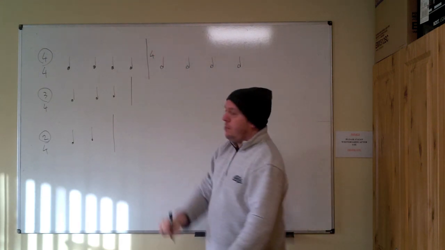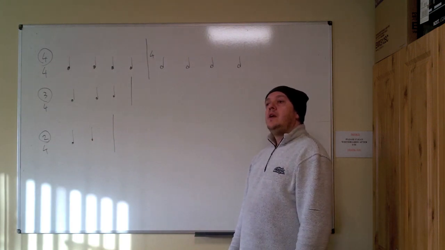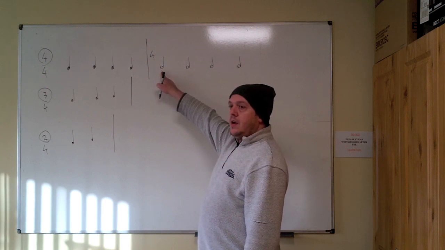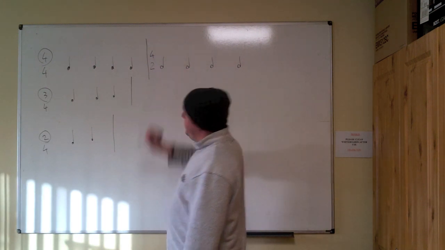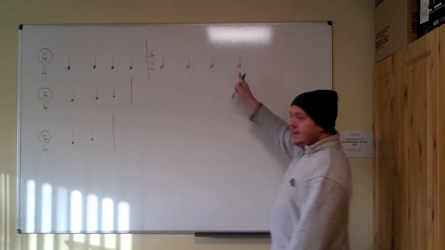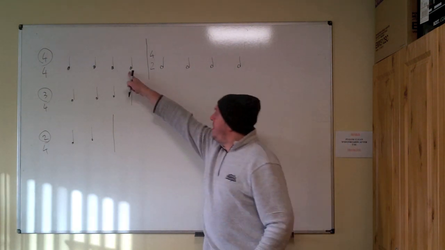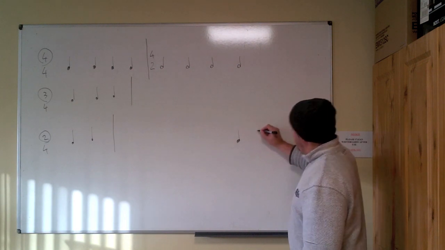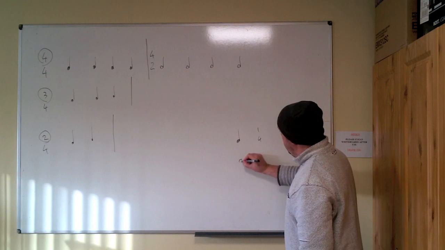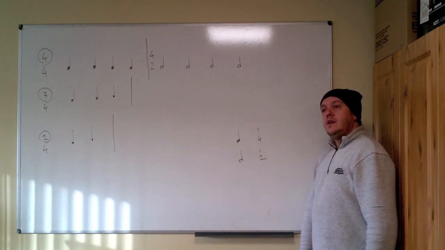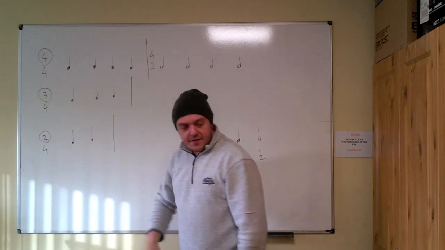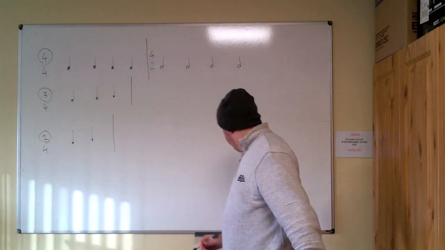And what do I get at the bottom instead? I get 2. One of these is a quarter, one of these is a half. So it's 4 halves, 4-2.